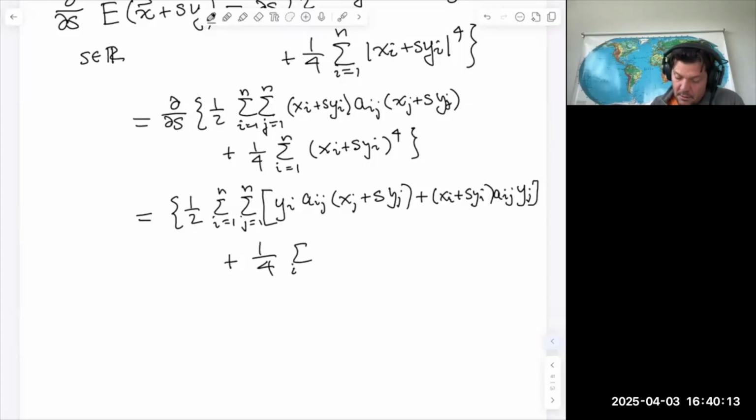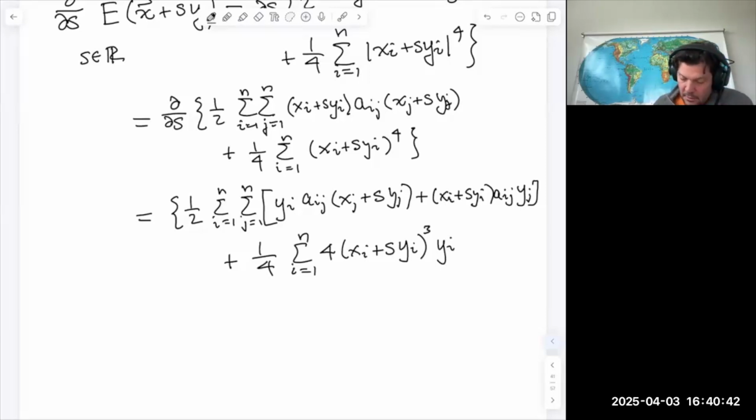All right, let's take the derivative of the next object. Again, the derivative passes right through here, and we're going to get 4 times (x_i plus s y_i) to the 3rd power. And then we're going to take the derivative of the thing inside. That just gives us a y_i.